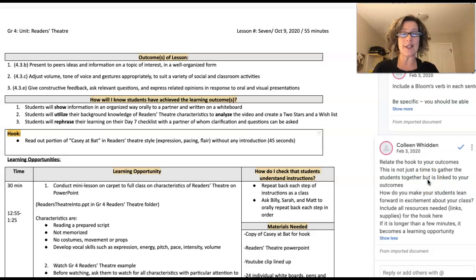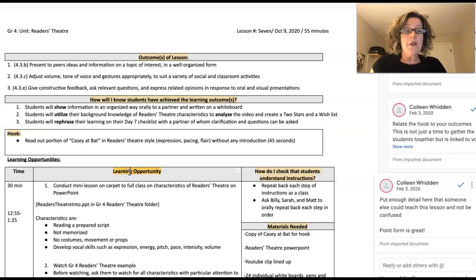That's where I just happened to put these comments in, but these are comments from your entire ed team. How do you make your students lean forward in excitement about your class? Okay, so again, I like to say it's about 30 to 45 seconds. If it gets into several minutes, it's not a hook anymore. So what are you going to do now? Like, nab those kids and get them excited.